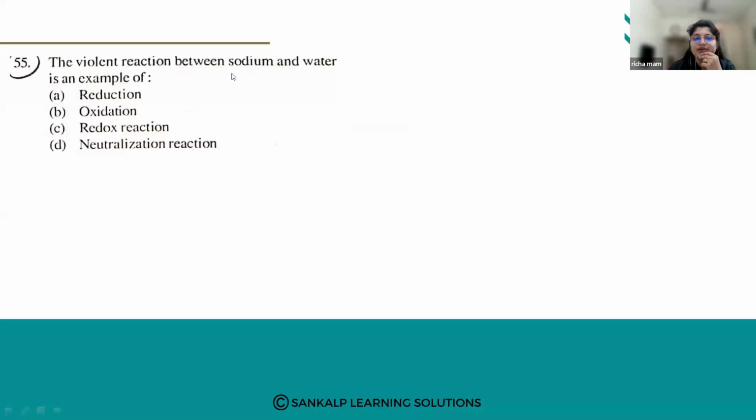The violent reaction between sodium and water is an example of what? The options are reduction, oxidation, redox reaction or neutralization reaction. When sodium reacts with water, what will be the compound? It will be NaOH.